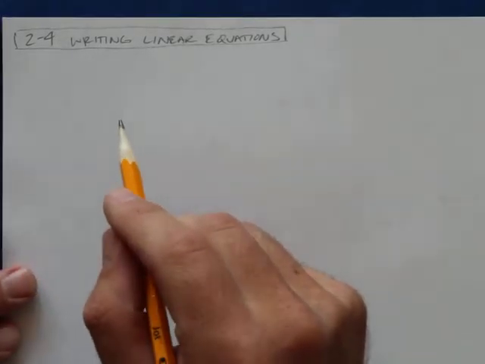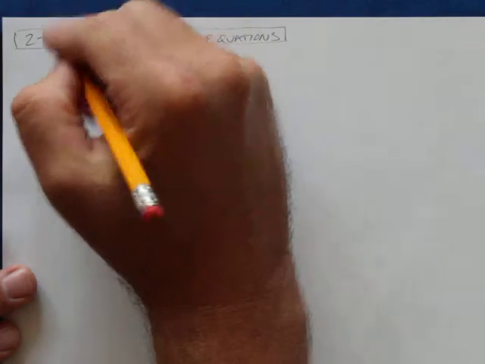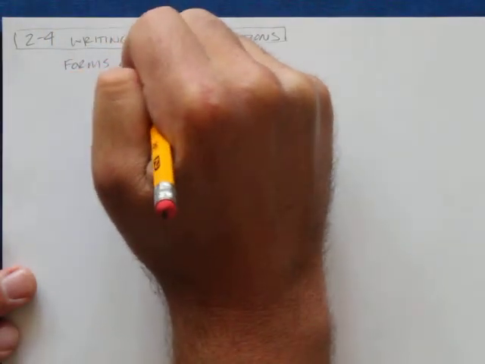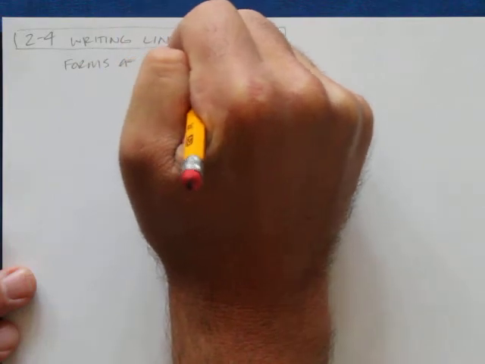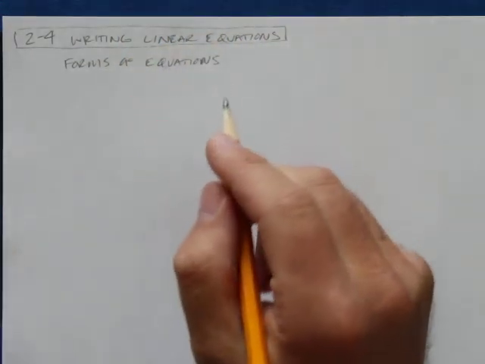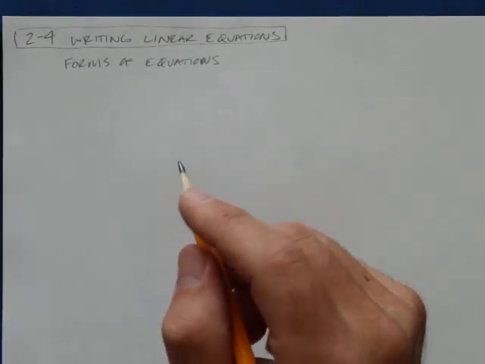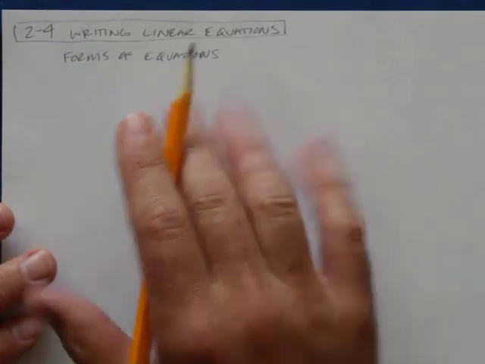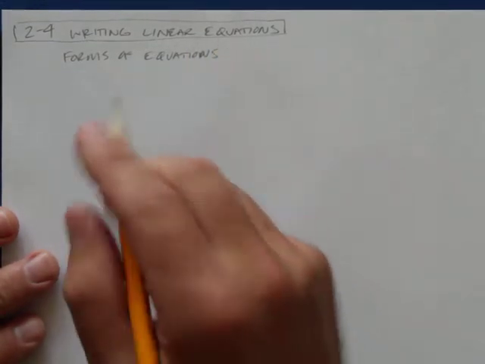So we're going to look at two forms of equations. These are linear equations. We're not going to look at standard form this time, because we looked at that a couple sections ago.